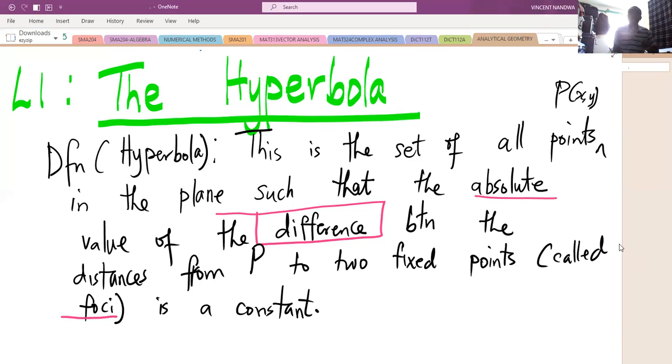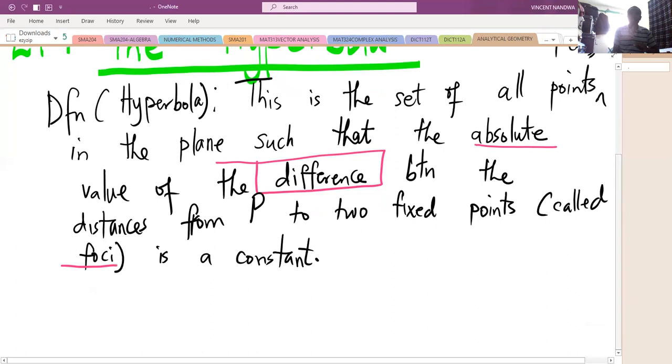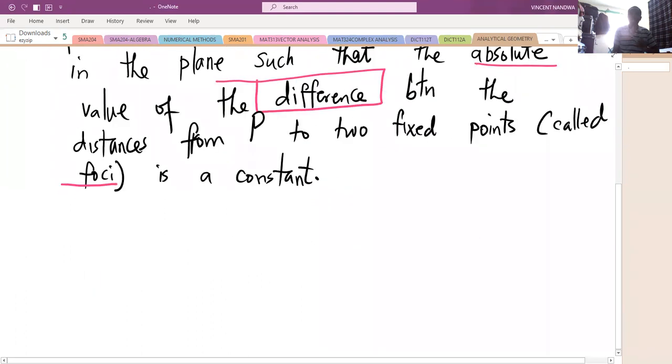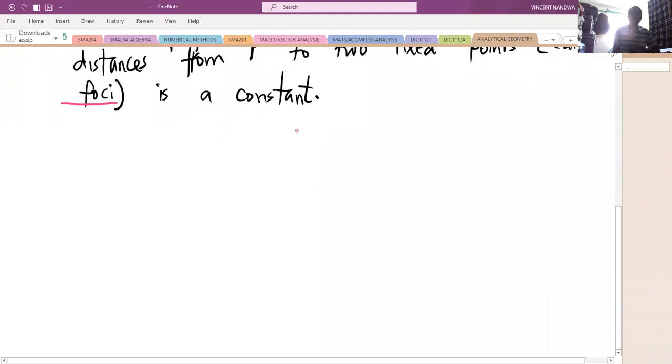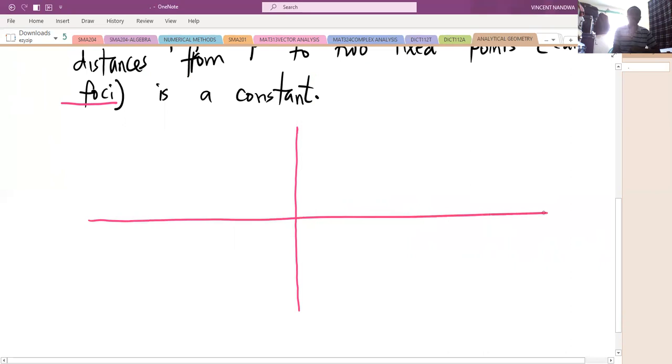Before we do the derivation, let's give a sketch of how a hyperbola looks. So this is a sketch of a hyperbola.